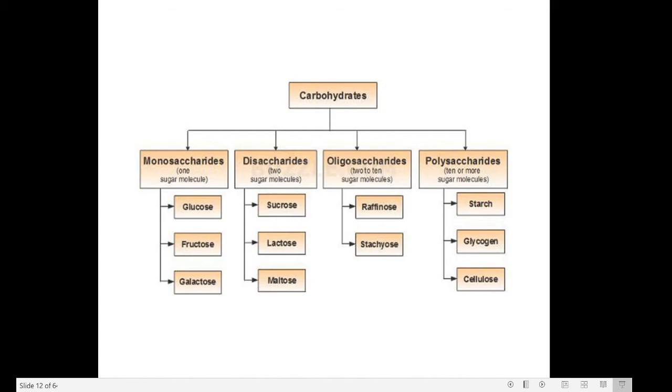Then polysaccharide is 10 or more sugar molecules forming a chain-like network. In that network there are only sugar molecules interacting with each other, and that molecule is called starch, glycogen and cellulose.